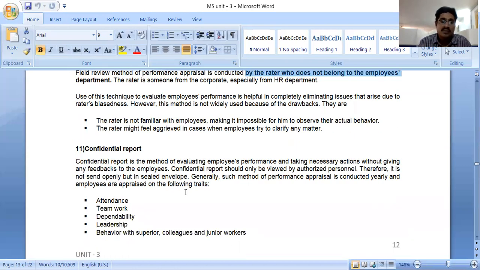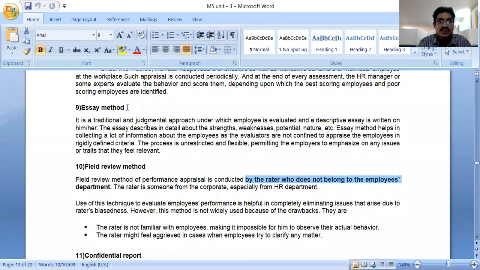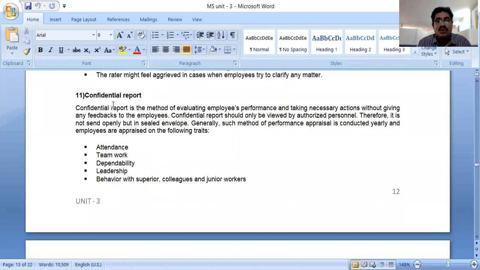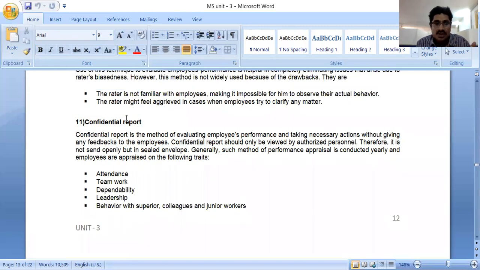Next, the confidential report method. This confidential report method is quite similar to the essay method. In this method, the hierarchy will write a report, paragraph or essay about their subordinates and their performance, based upon their attendance, teamwork, dependability, leadership qualities, and their behavior with the supervisor, with colleagues and with juniors.